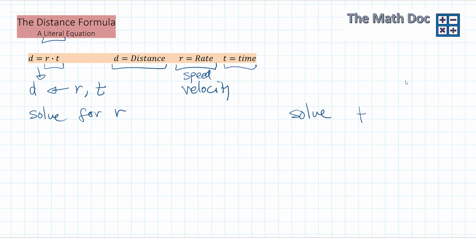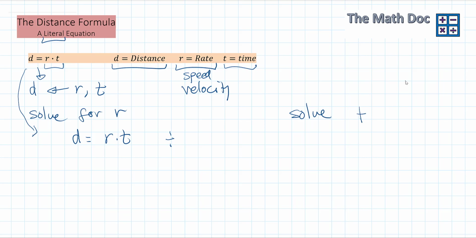So we might have the time it took us and the distance, and we want to find the rate. In that case, we take this formula and we solve for r. So we have d equals r times t. And when we say we want to solve for r, we're trying to isolate r. And we can use one of our linear equation tools, namely the division property.